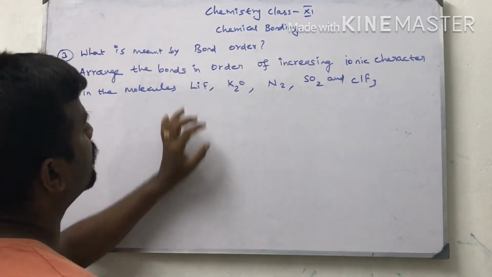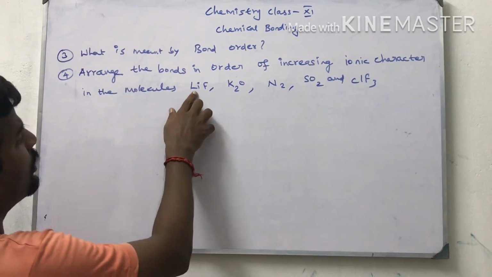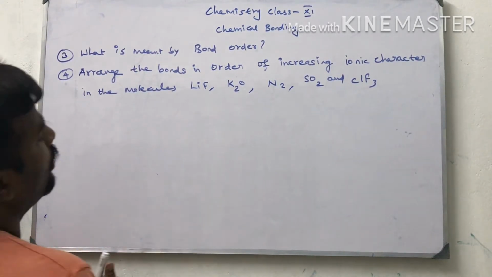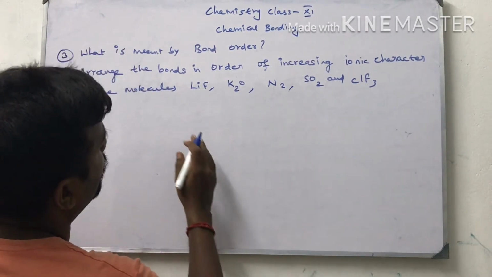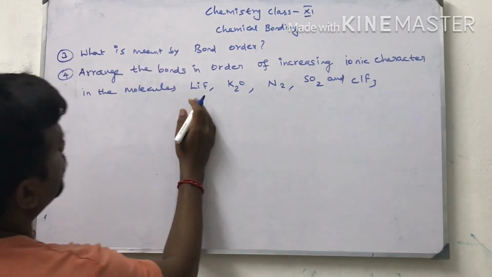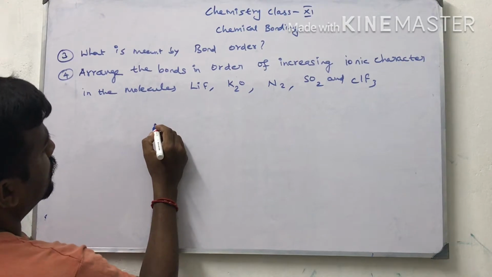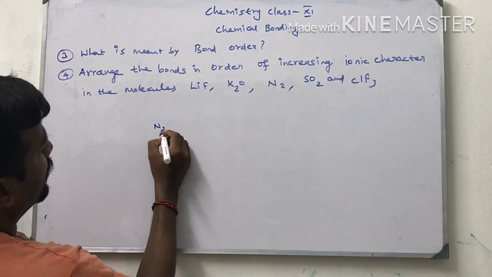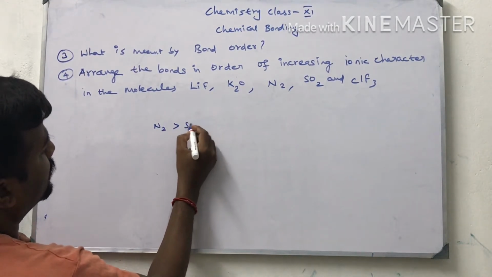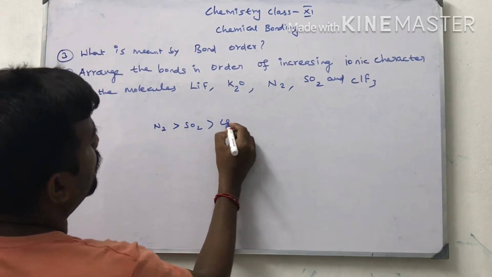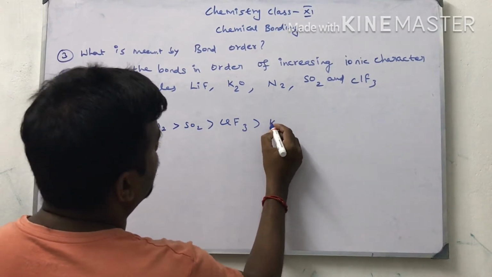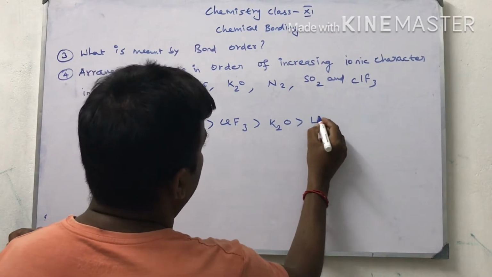Okay, here let us see lithium and fluorine. Lithium is the smallest atom, so the order starts like this: N2 greater than SO2 greater than ClF3 greater than K2O greater than LiF.